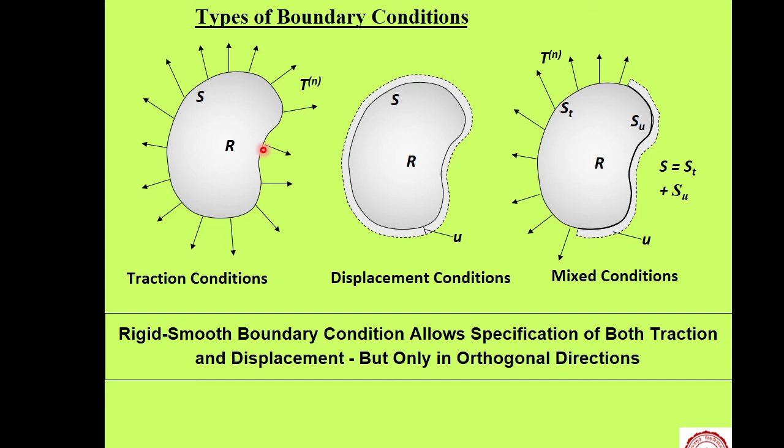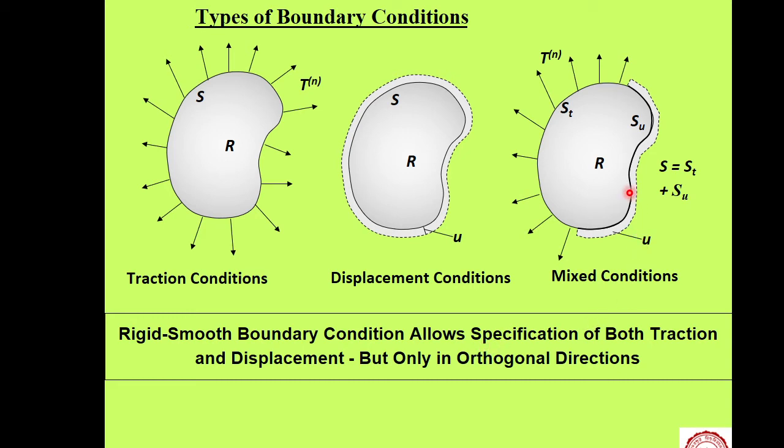Okay. So again these boundary conditions in two directions might be different. So depending on that, rigid smooth boundary condition is one such thing.